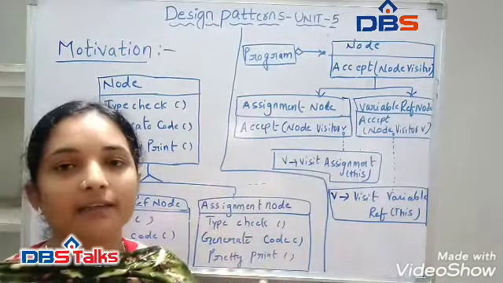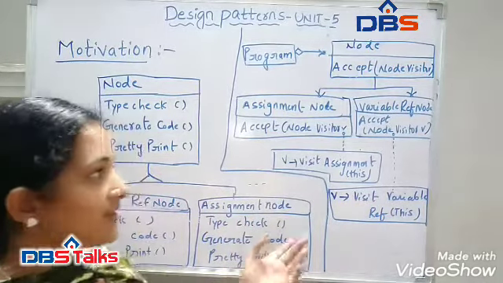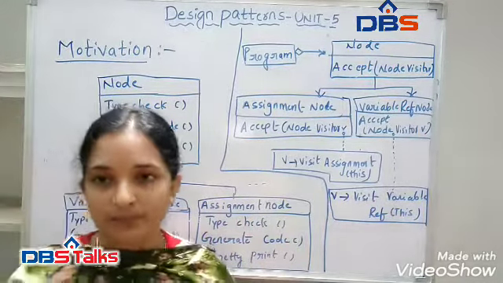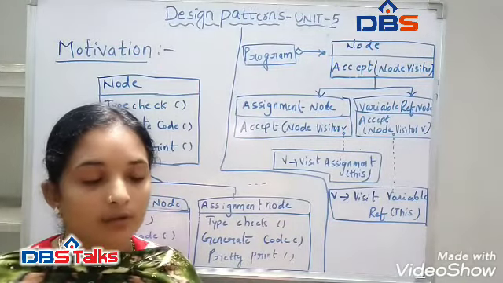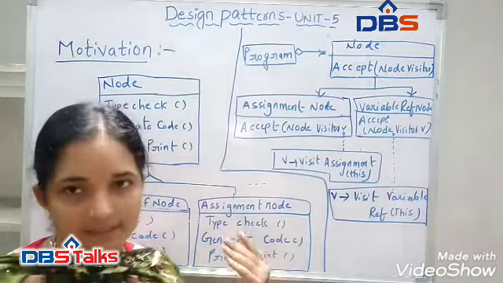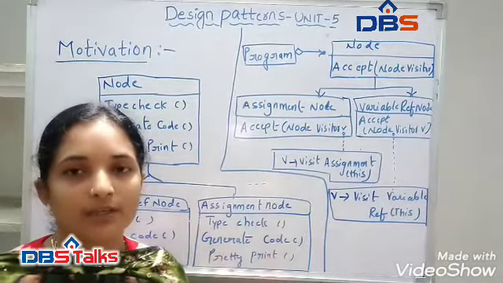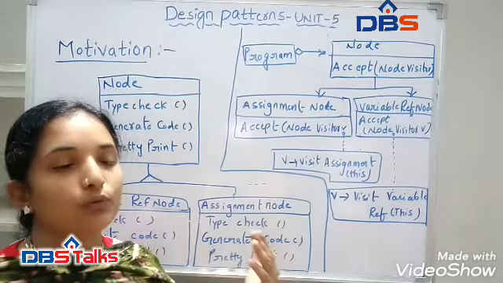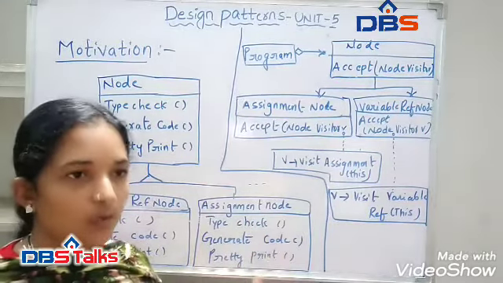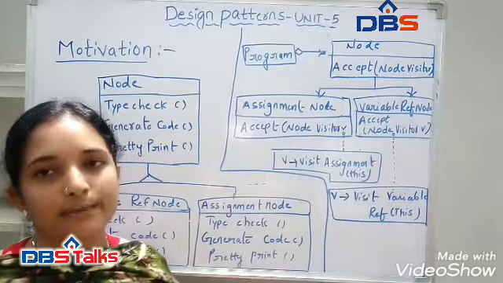Before using the visitor design pattern, we used only type checking. After the visitor pattern came, it is better to make the visitors work for more than just type checking.